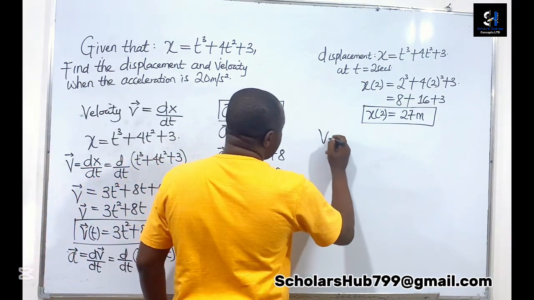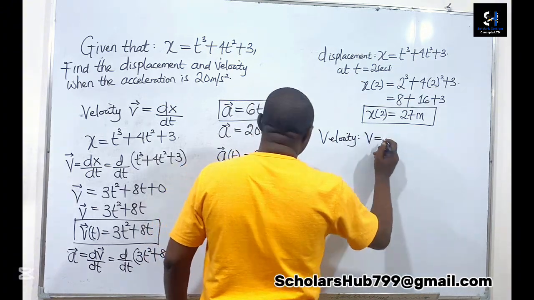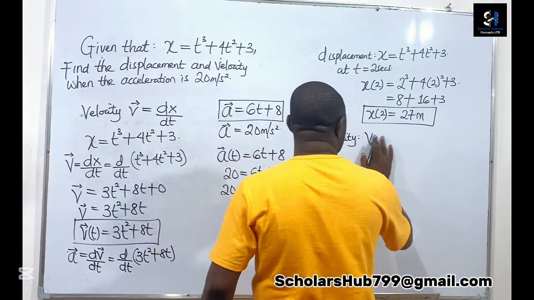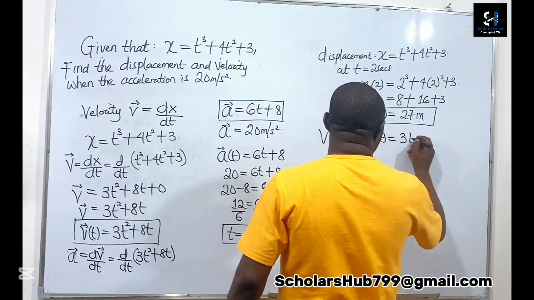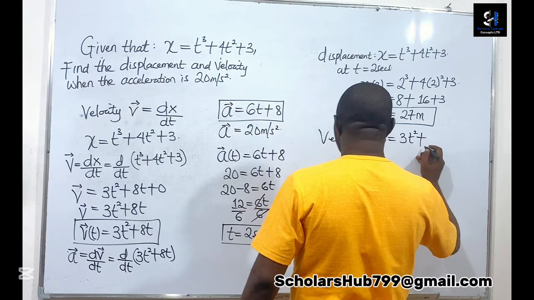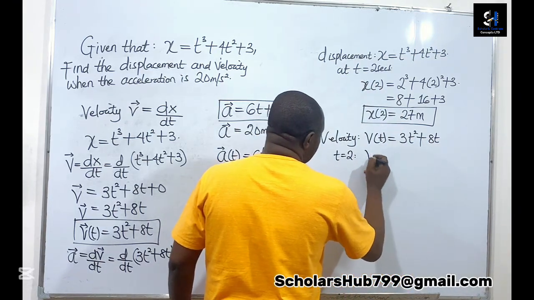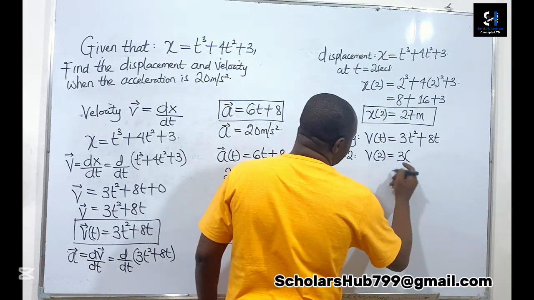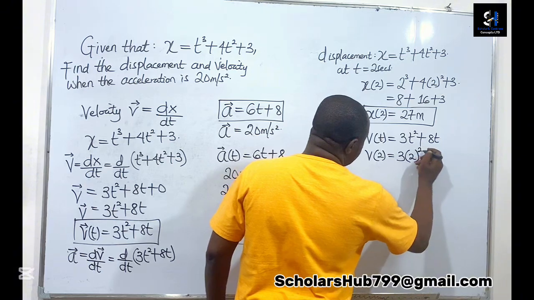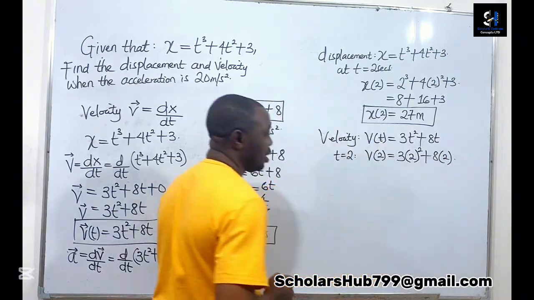Then also to calculate the velocity, we have the velocity function v of t equal to 3t squared plus 8t. Now, when t is equal to 2, we have v of 2 equal to 3 times 2 raised to the power of 2 plus 8 multiplied by 2.